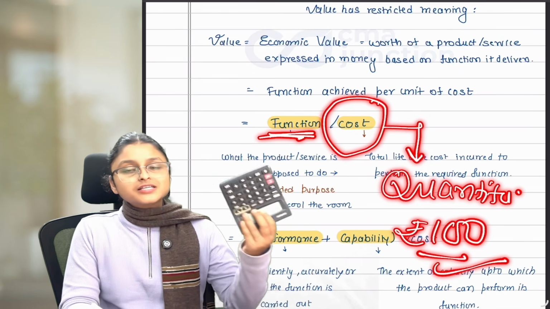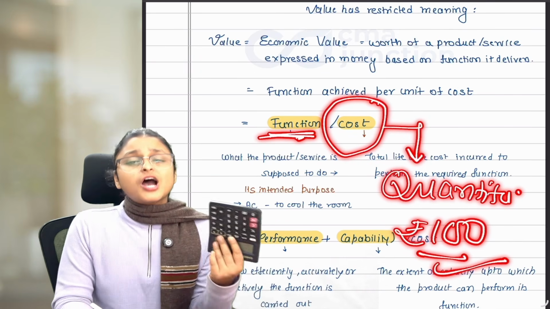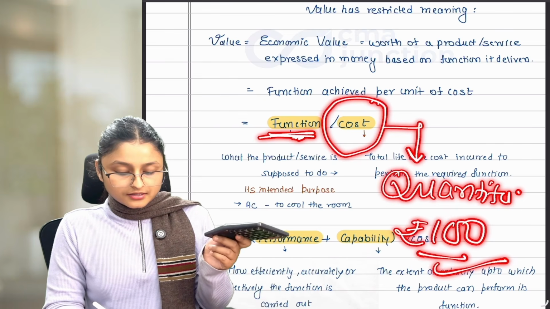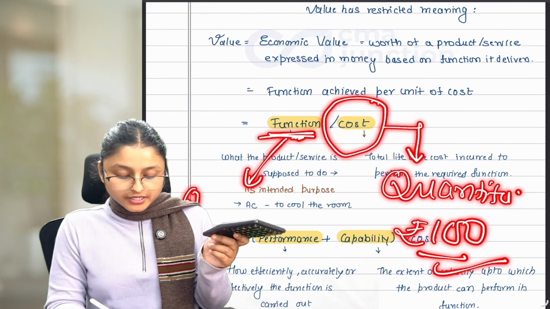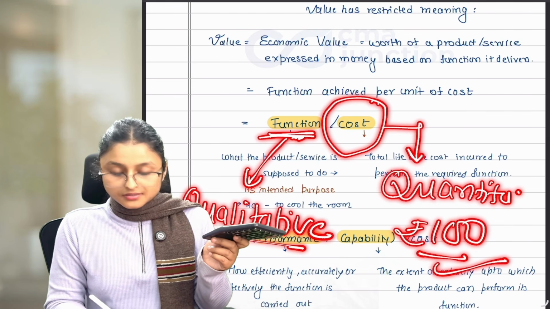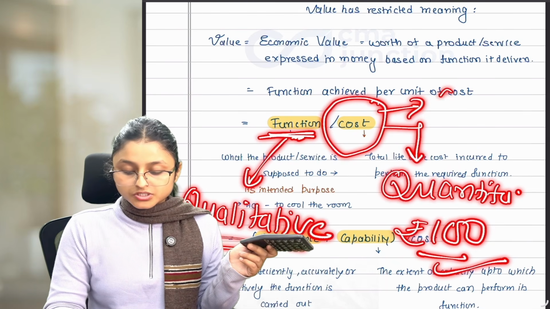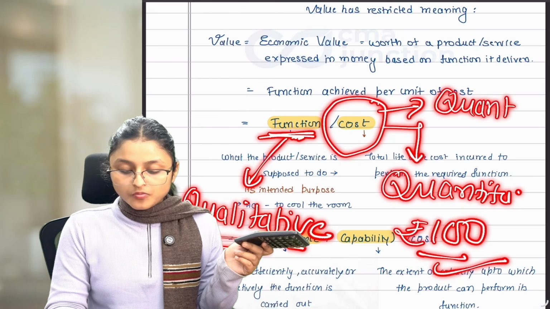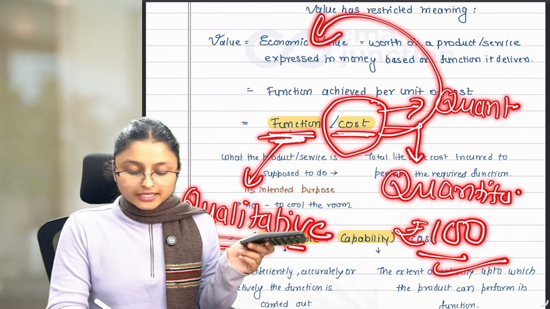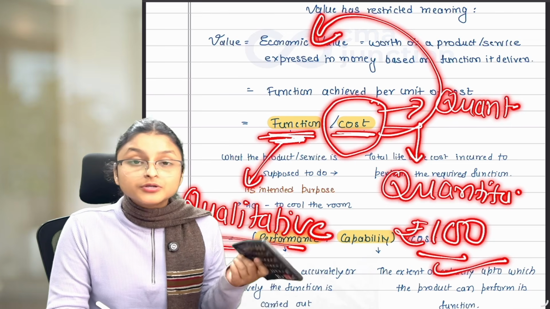That my calculator is performing really well. How should I write it in numbers? I will not be able to do that. So function is qualitative, which cannot be written in numbers, but cost is quantitative. How will I compare a qualitative thing with a quantitative thing to know the economic value? I will not be able to do that.